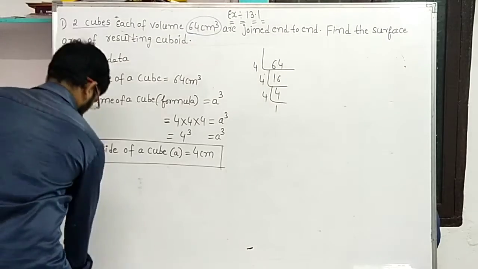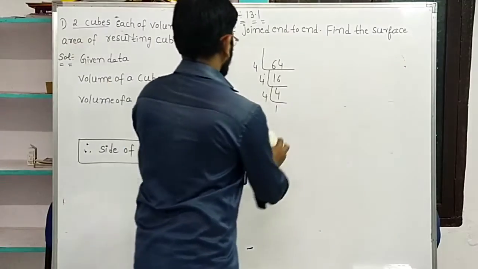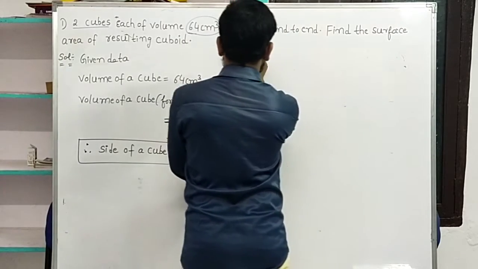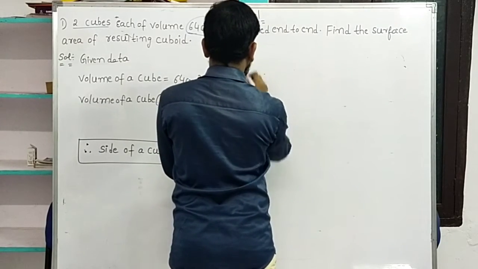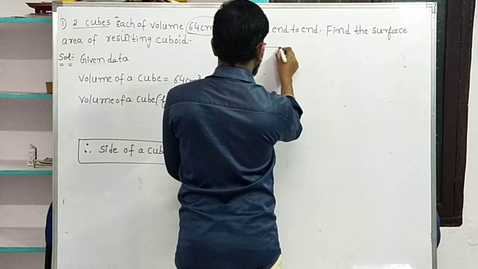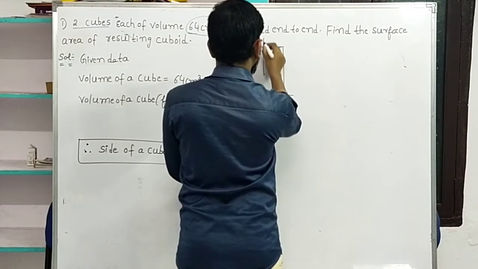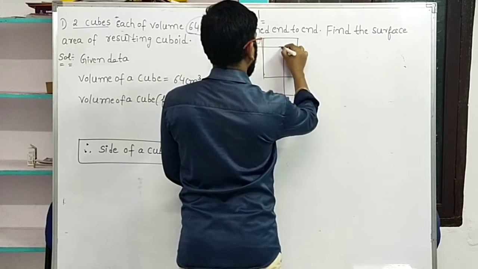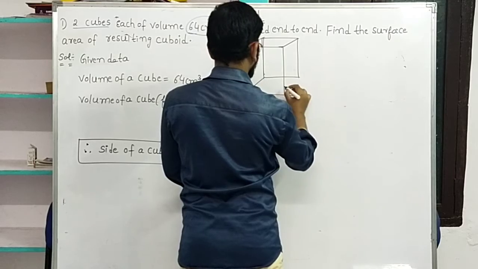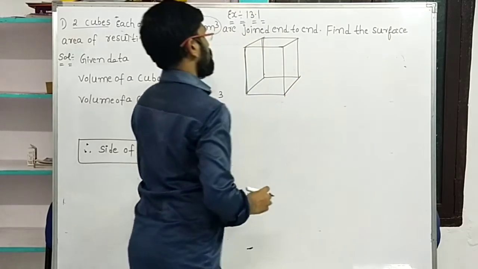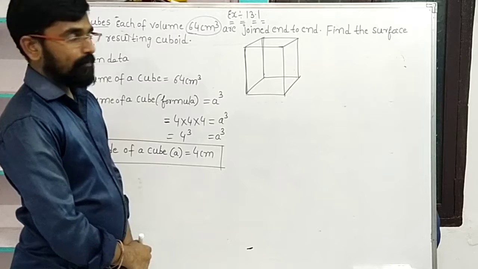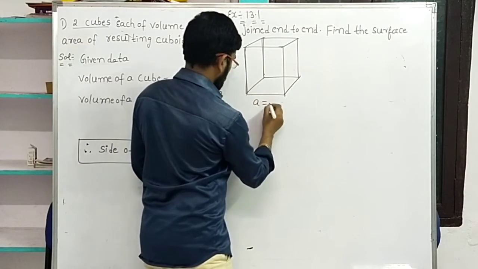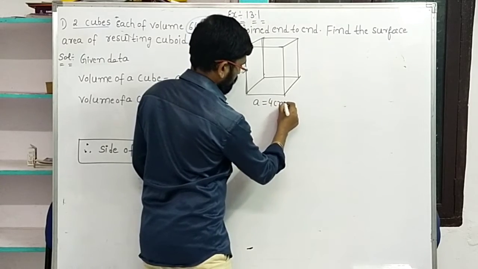Just I am drawing here a cube. This is the cube, each side A is given as 4 centimeters.